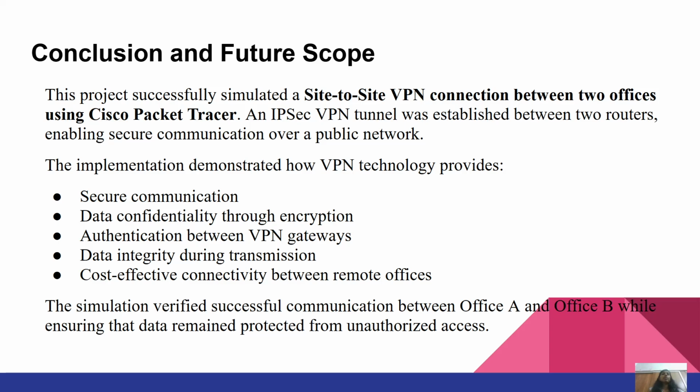The implementation demonstrated how VPN technologies provide secure communication, data confidentiality through encryption, authentication between VPN gateways, data integrity during transmission, and cost-effective connectivity between the remote offices. The simulation verified successful communication between office A and office B while ensuring the data remains protected from unauthorized access.